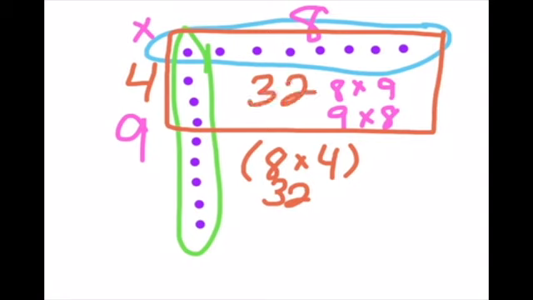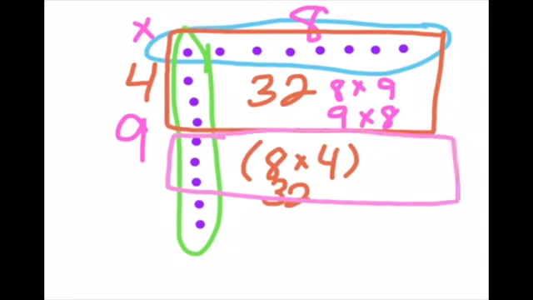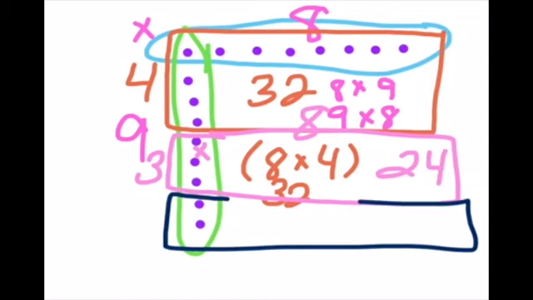And then I saw 8 times 3. And 8 times 3 is 24. And then I saw an 8 times 2. And that is what? Oh, thank you, 16. Okay, so that's how I broke my problem apart.